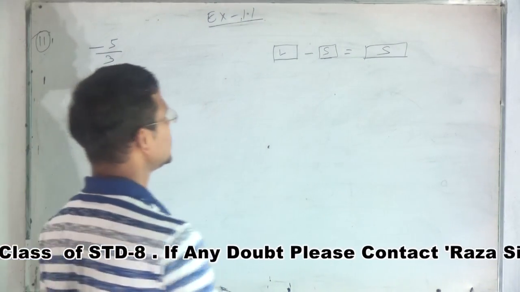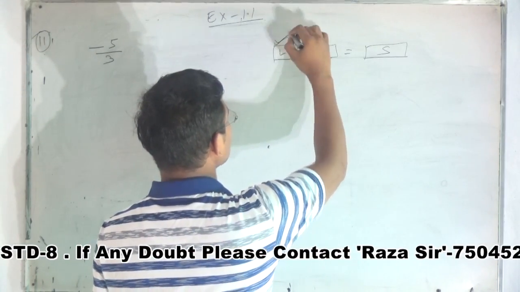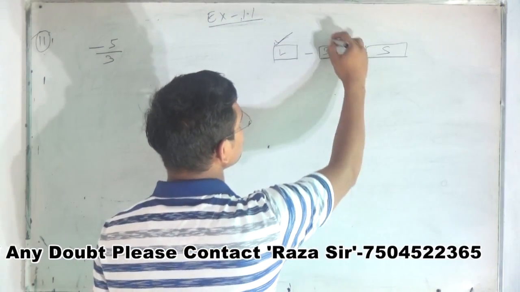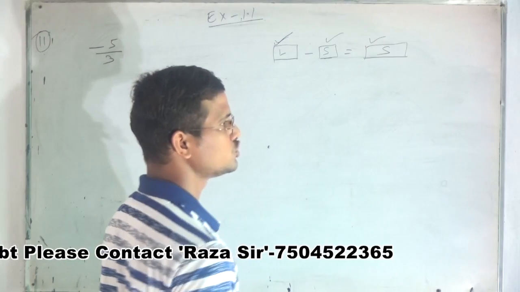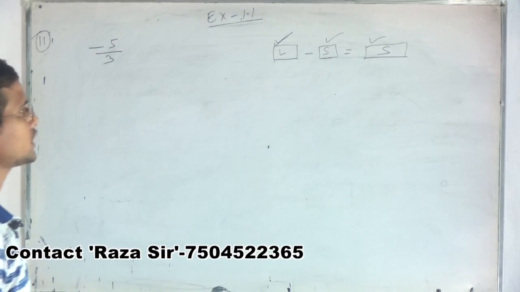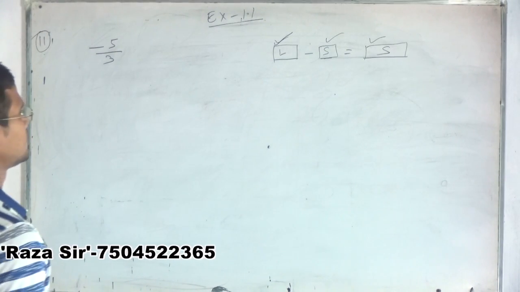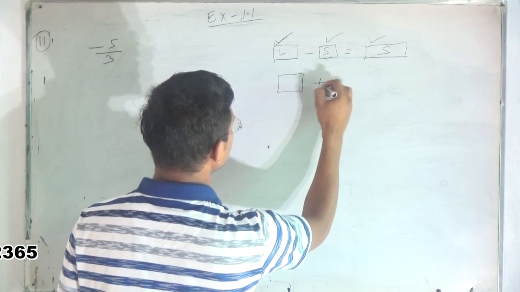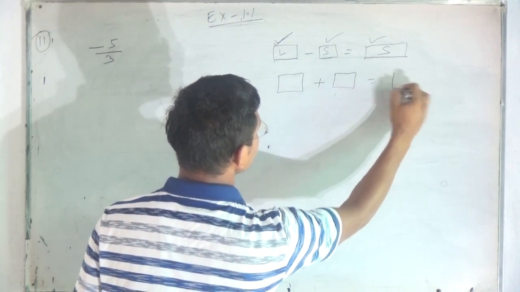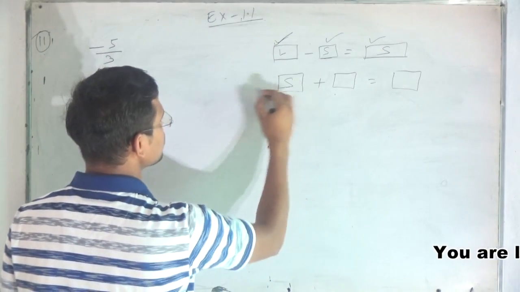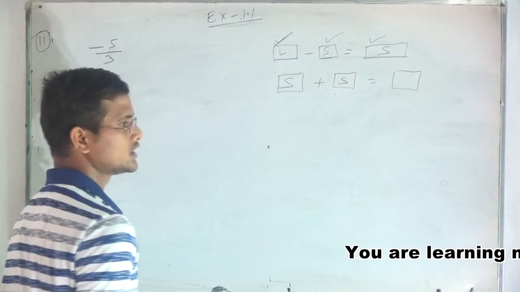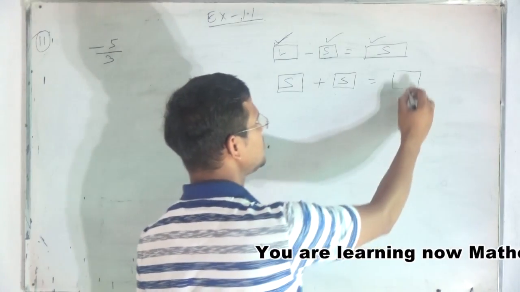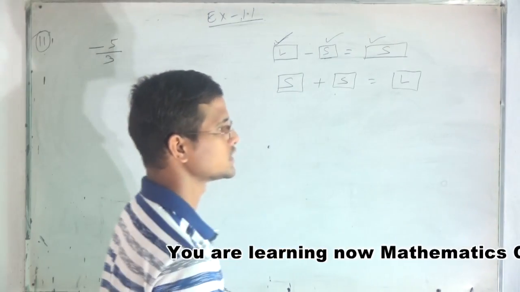That means here is a large number and there are two smaller numbers. Similarly in the addition case, when you add two small things, you get a larger number.